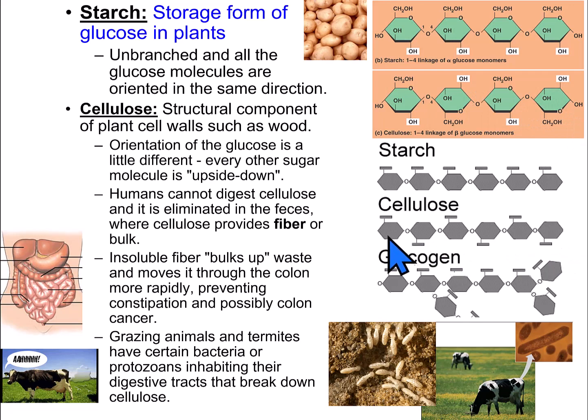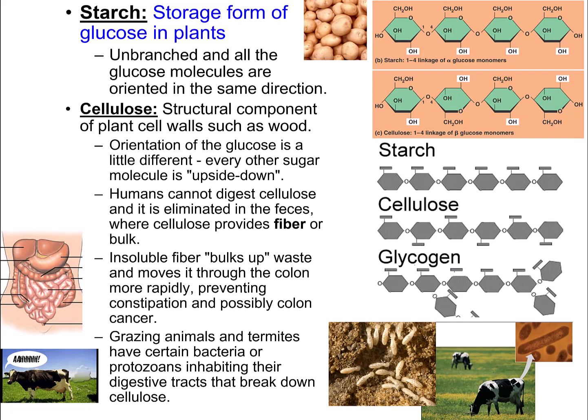That's cellulose. Well, because of this orientation of the glucose molecules that are linked together, we don't have an enzyme to break this bond here. We do have enzymes that will break this bond if the glucose is in this orientation, like I say here in glycogen. See how the CH2OH is oriented in the same orientation? We have enzymes to break that down. We don't have enzymes to break down cellulose.